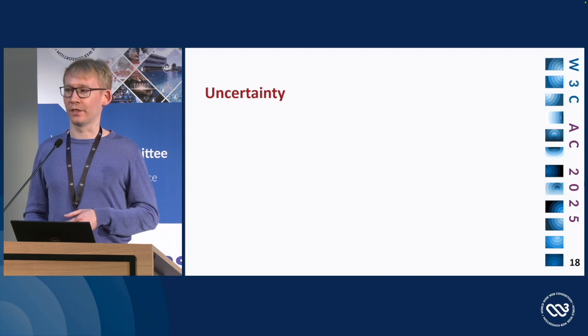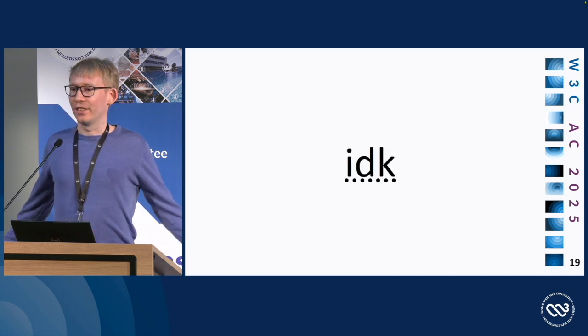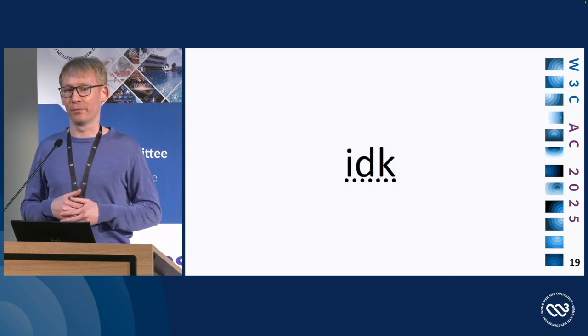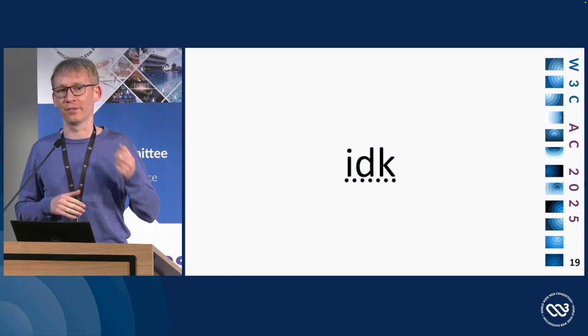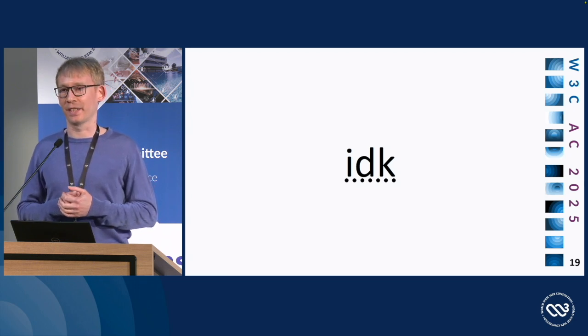Let's talk about uncertainty. I don't know. You expect somebody to say, or you hope somebody to say, and sometimes it takes courage, braveness, whatever to do it, but if you don't know, it's good to say so. AI is not very good at saying when it doesn't know.